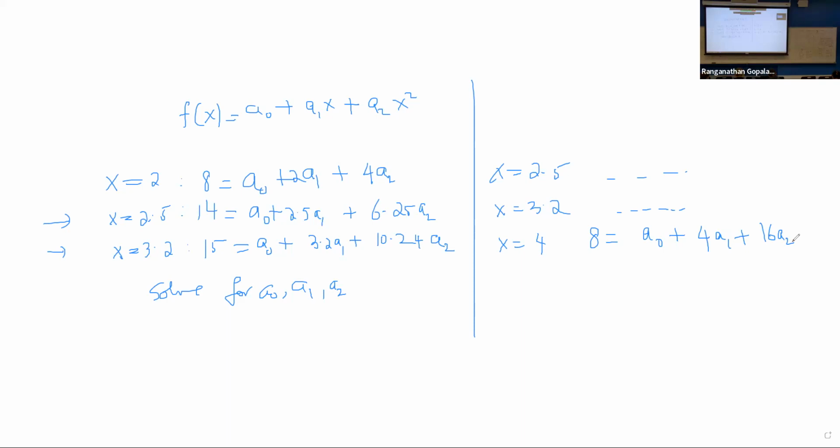Group 2 people, do you have any doubts? I just use the same symbols, but they mean different things. I hope that's clear.